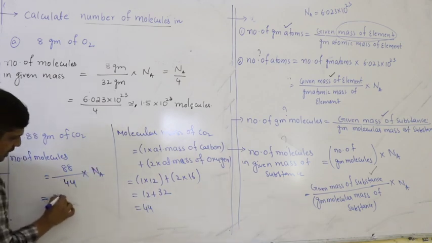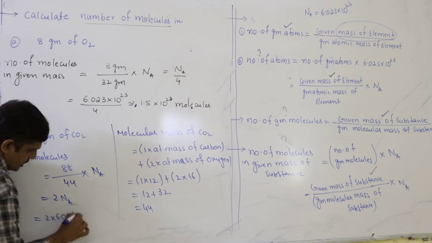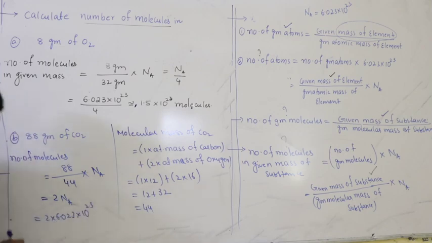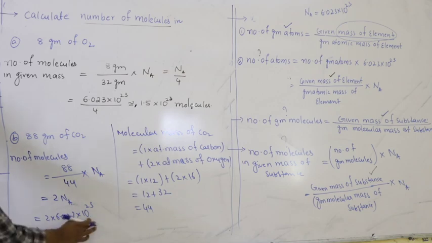So 2 into Avogadro number, 2 into 6.023 into 10 power 23. So approximately, 2 3s are 6, 2 2s are 4, 2 6s are 12. So I can write 1.2 into 10 power 24. Or you can write like this, 12, no problem, that is it.